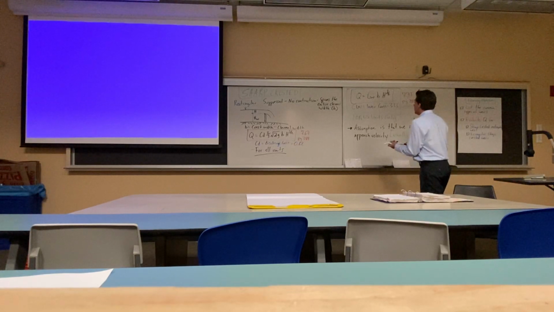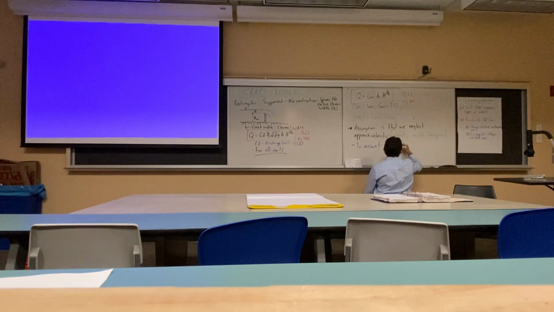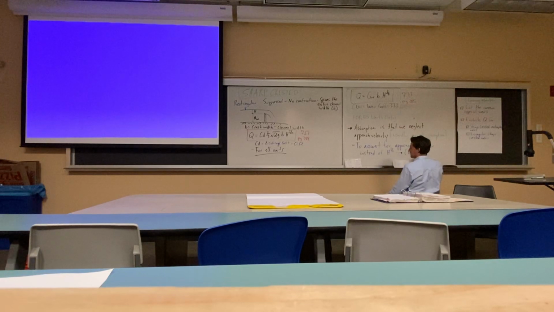So for any of these equations, if you want to account for approach velocity, instead of h to the 3/2, you do h plus v sub a, which is v approach, squared over 2g, all raised to the 3/2.